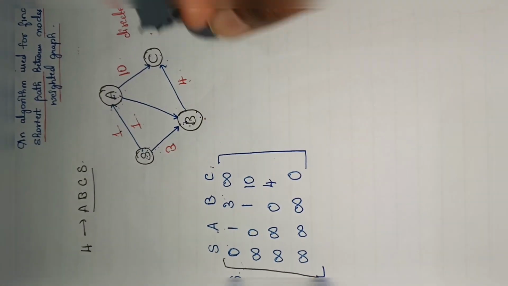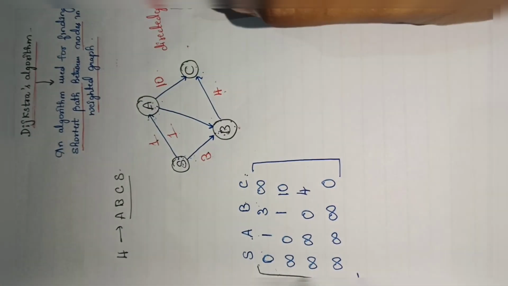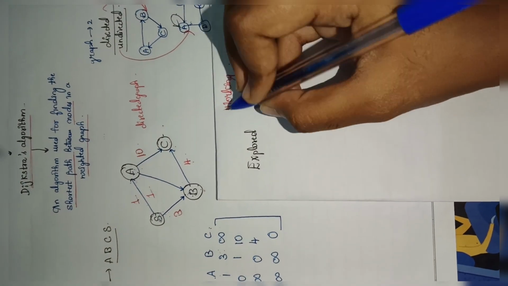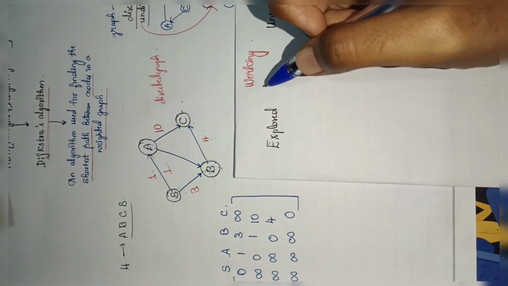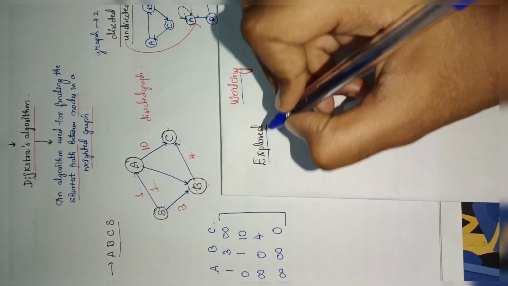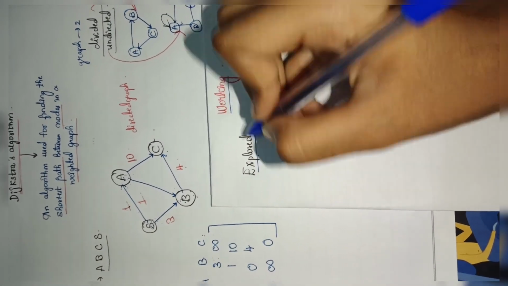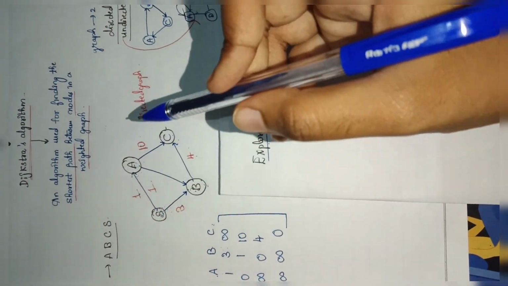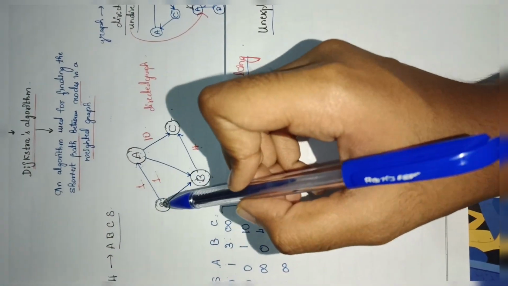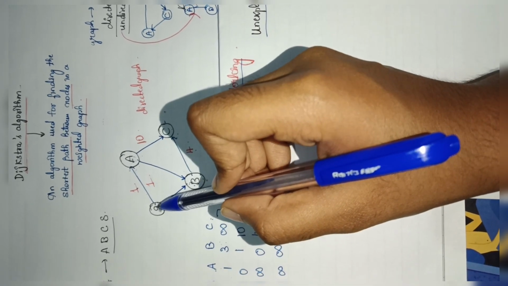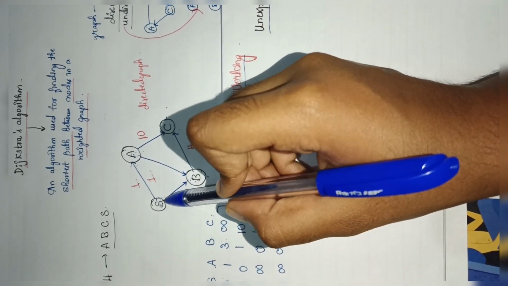So how does this Dijkstra's algorithm work? It basically consists of explored path and unexplored path. So first we should know, always remember that this beginning point is called the source.